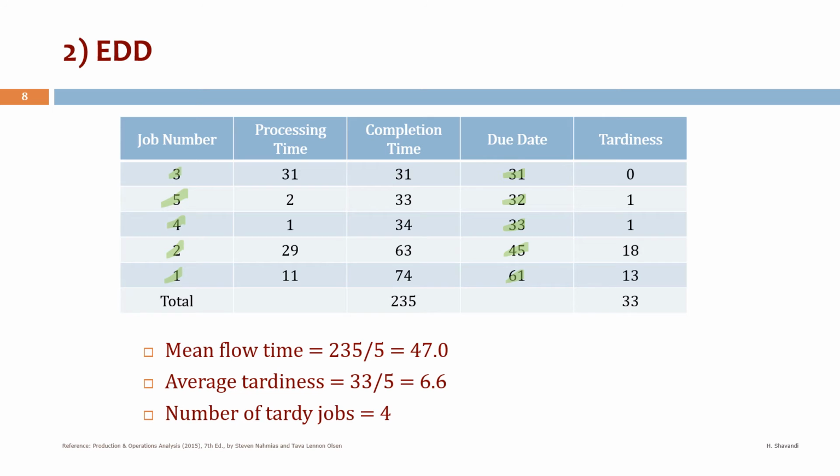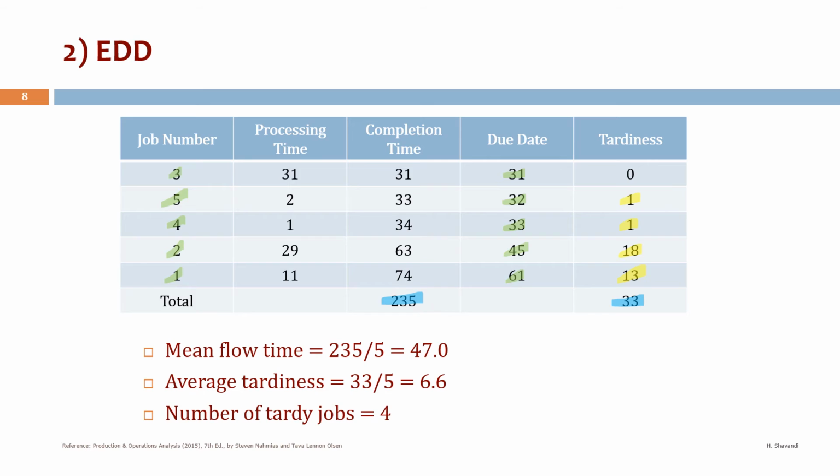Same as before, we have the processing times. We can calculate the completion times and also the tardiness. As you see here, we have 4 tardy jobs, and the total tardiness here is 33, and the sum over the completion times is 235.